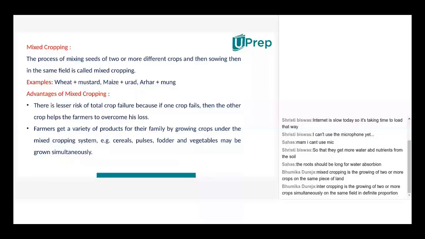He has to either buy them from the market or procure them. But in case of mixed cropping, whatever he requires for his household, he can grow all of them in one land itself, one farm itself. So that is actually a smarter way to grow his own crops.